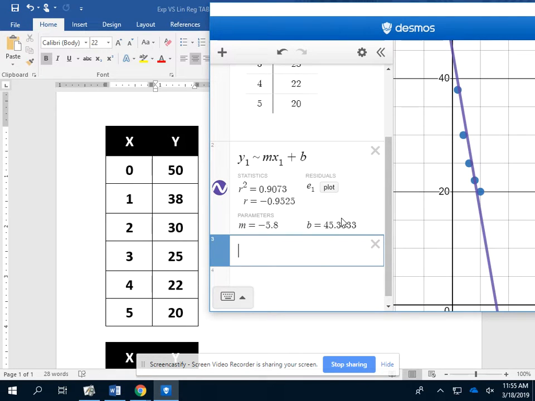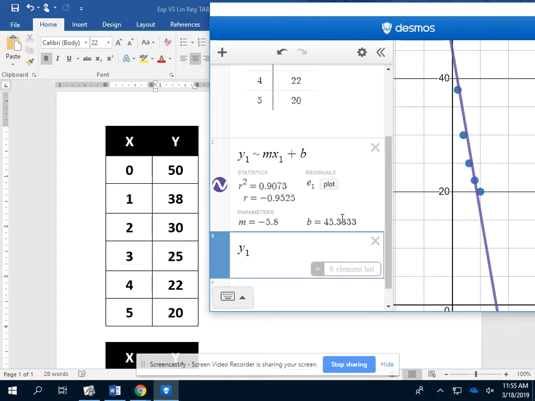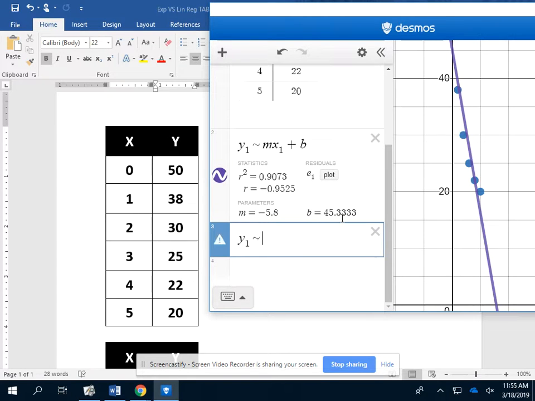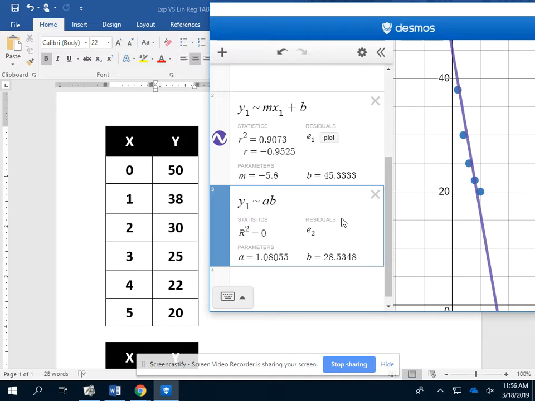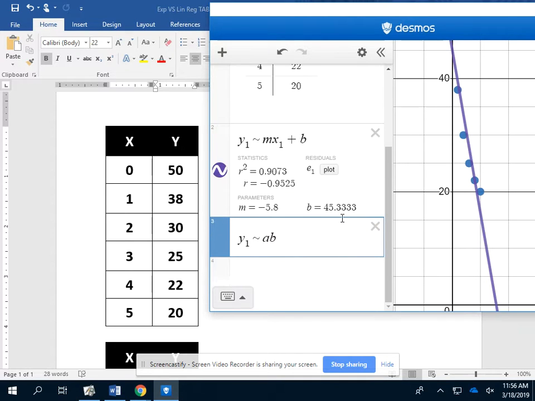So if we're going to type this in an exponential, it's going to use the exact same form, y1 tilde or squiggly line, but instead of mx1 plus b, now our new form is a times b raised to the x. So I'm just going to type a, b, and then raised, which is shift 6, raised to the x1.